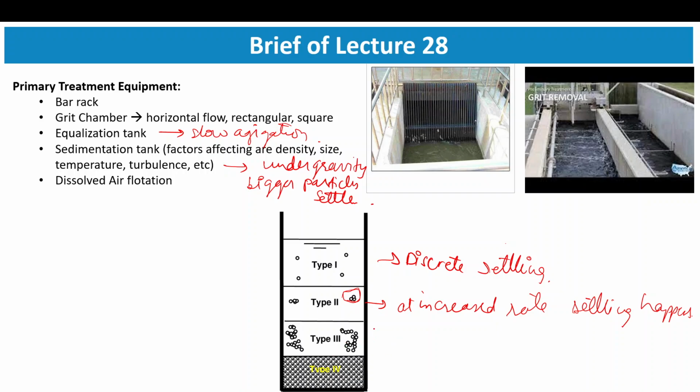Next is, if we move downwards in a settling column, then more and more particles that have settled will be there. So they are settling, and at the lower portion, where there are more particles, hindered settling will occur.